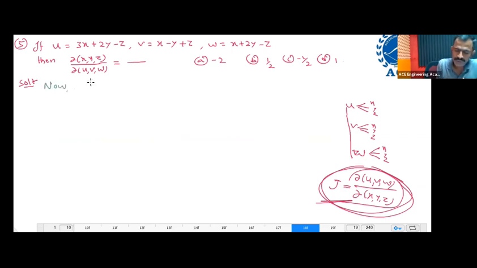Now, we have to find only this, but first we have to find this one. Using this only, we can find this value. Let us suppose j equal to dou of u, v, w divided by dou of x, y, z. This is equal to a third order determinant.